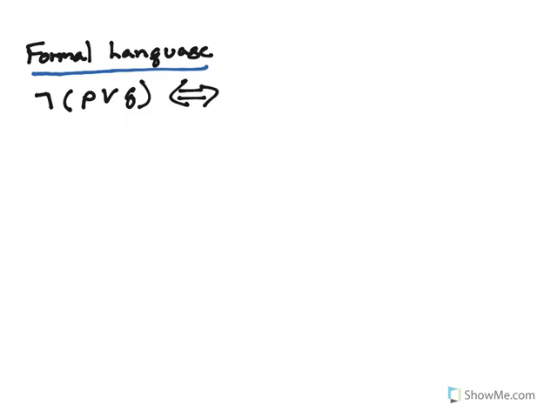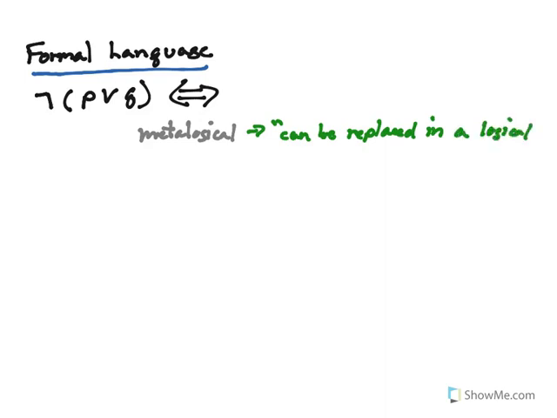So we can just write that. That's metalogical. That basically means can be replaced in a logical proof with.